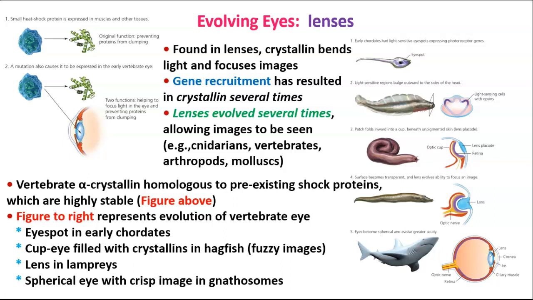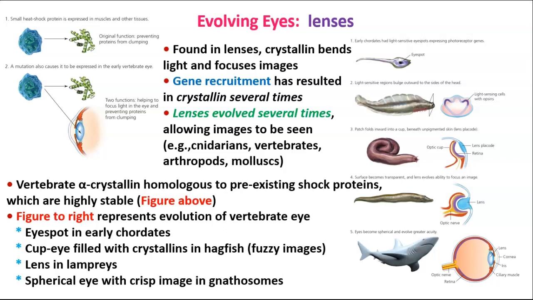And so as a primary component of lenses, crystallin bends light, and by bending the light focuses images, focuses the light on parts of the eye to produce images. So that's how our images are able to be formed, because of the crystallins and the physics of crystallins in a lens of an eye.